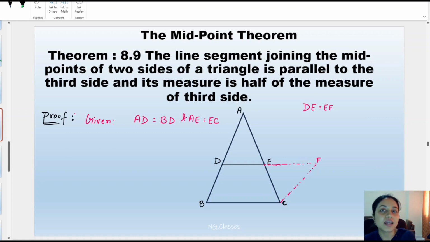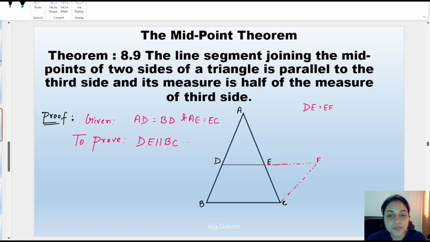Before moving ahead, we must know that we have to prove that DE is parallel to BC and also DE is equal to half of the side BC. Let's write it. To prove that DE is parallel to BC and DE is equal to half of the side BC.